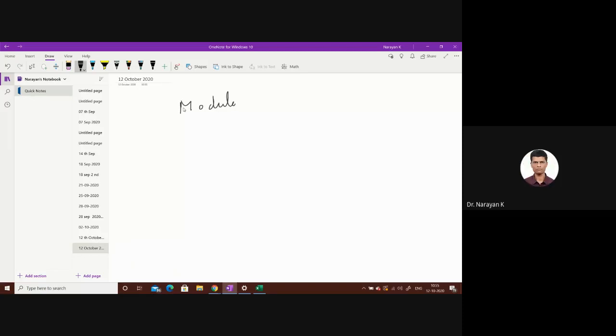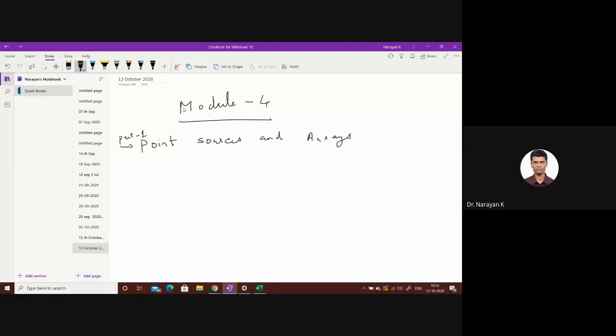Please write down module 4. In this you have point sources and arrays. That is part 1 of your module 4.